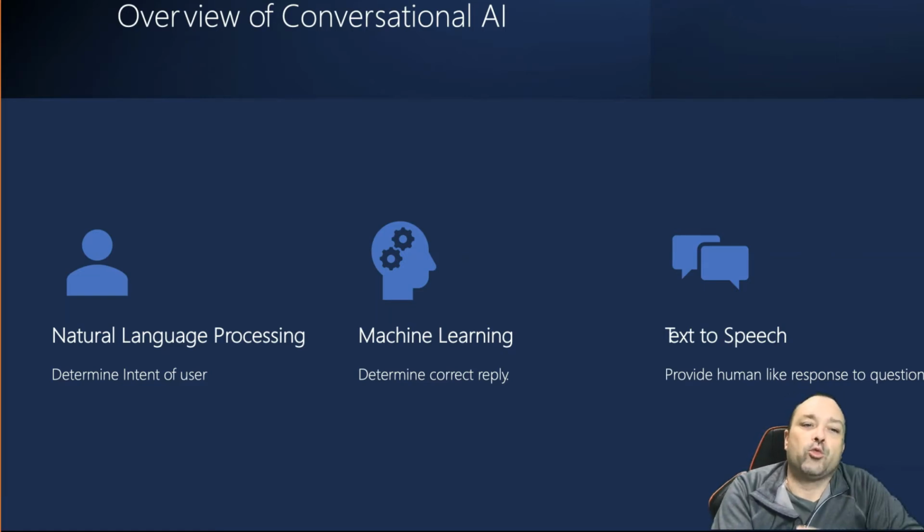So it's actually a three-step process. We do the natural language processing to figure out what the user is trying to ask. We do some ML, machine learning work, to figure out what is the correct response based on what we think the intent is. And then we translate that into a text-to-speech type system.